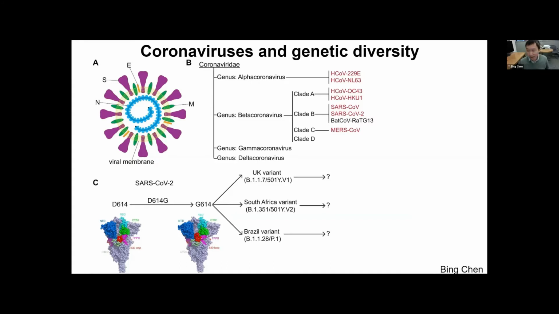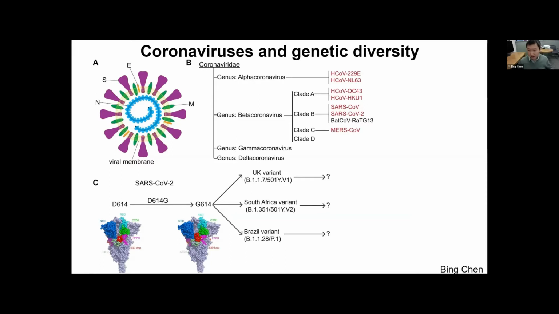Based on the current technology, it is very difficult, if not impossible, to predict which virus is going to be the one causing the next pandemic. The second level has to do with coronavirus evolution in humans.